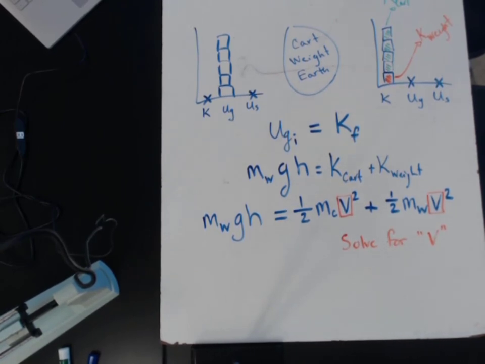So there might be some common terms I can factor out here. Maybe something cancels. But we want to solve this equation for v, and then we're able to make our prediction about what the velocity of our cart or weight should be when it gets to its final position.